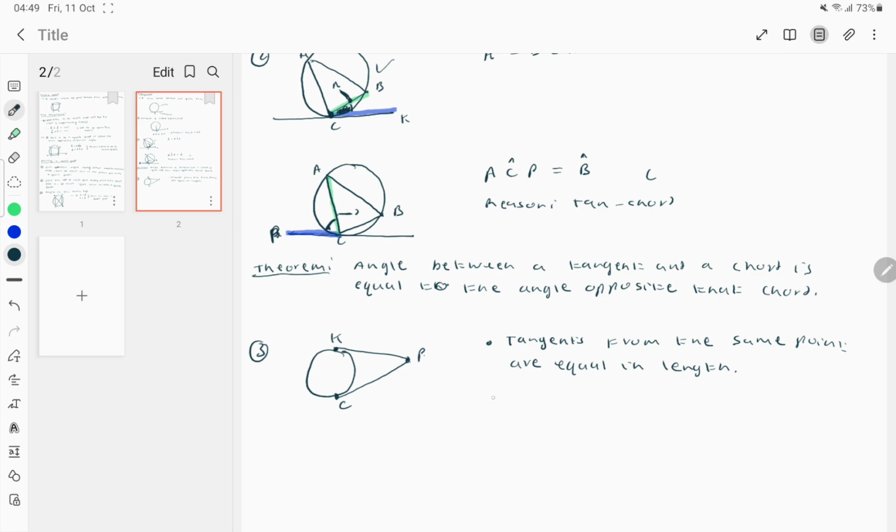I.e., both PK and PC start at P, and they're both tangent. So this means that they are equal.